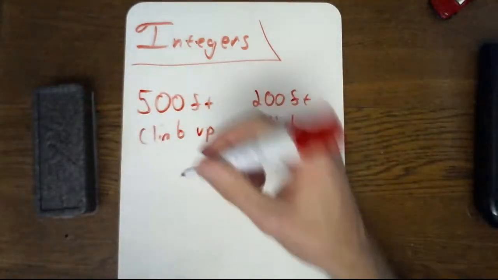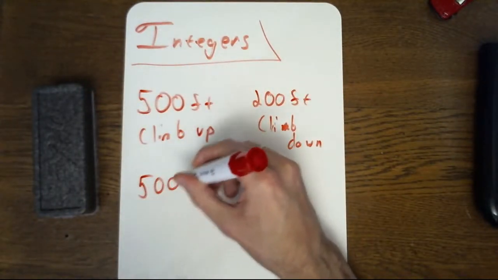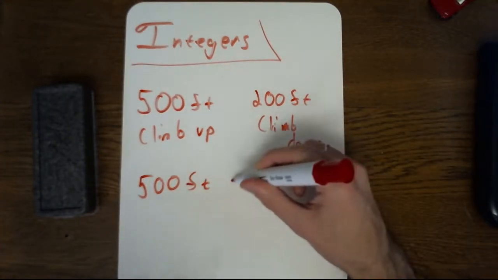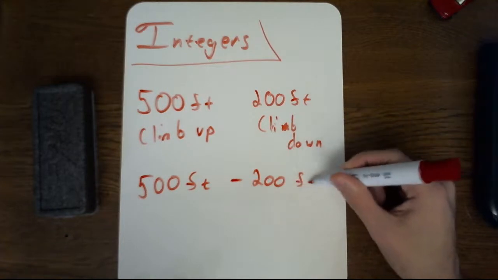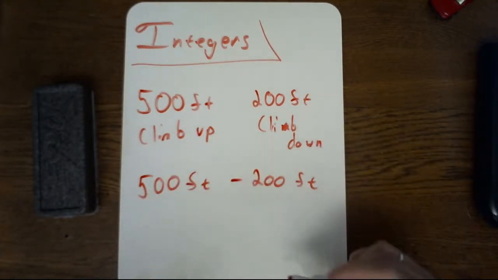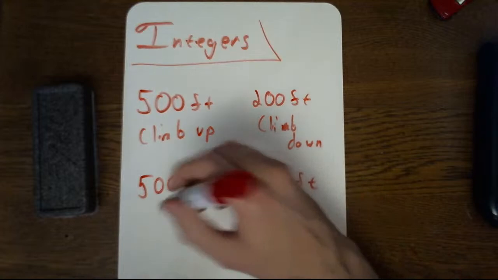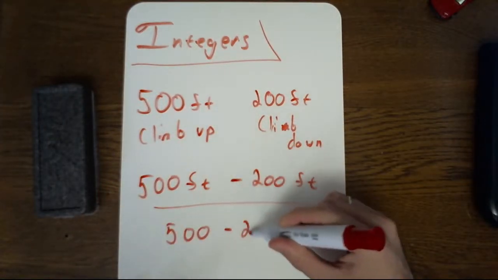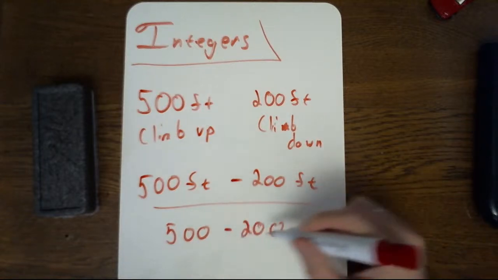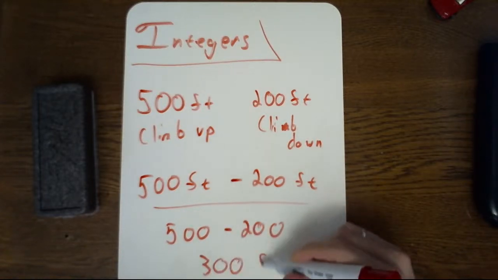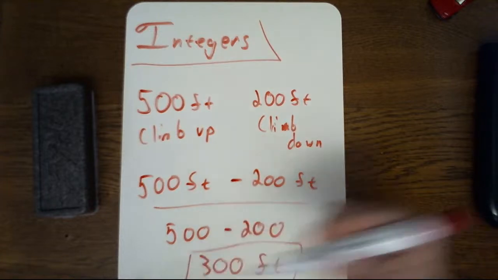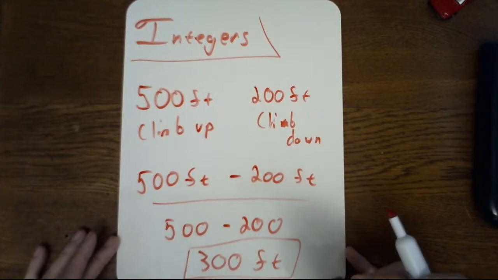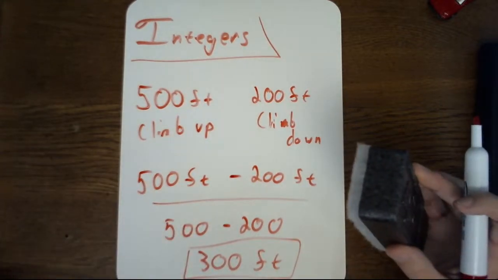Then the climb up, I would consider a positive, and the climb down, I would consider negative, because one is you're gaining altitude, one is you're losing altitude. So this problem can just be simply written as 500 minus 200, and then you can just carry that out. So what elevation do you end up at? 300. So that's a simple, small example of how to relate integers to something in real life.